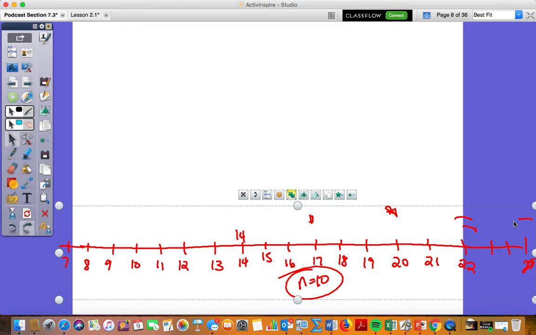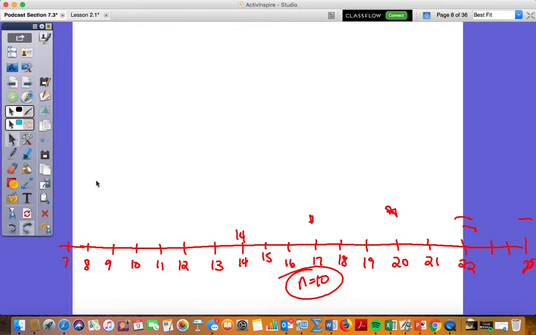Hurry up. Yeah, you can put it over the 14 if you want to. It's fine. Perfect. Yeah, you erase it anyway. Really clean.